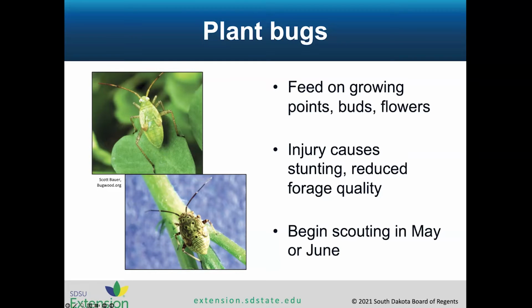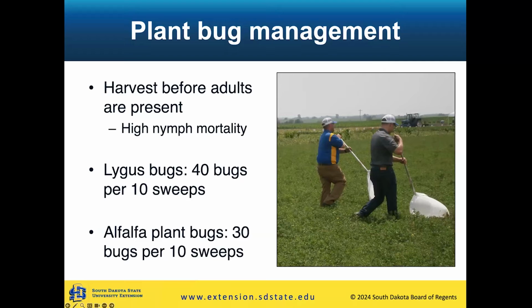So for plant bug management, you want to do an early harvest again before those adults are present. If you can harvest when there are a lot of nymphs, those nymphs are less tolerant, since they have to have a food source readily available all the time.